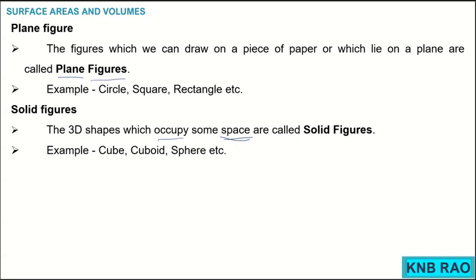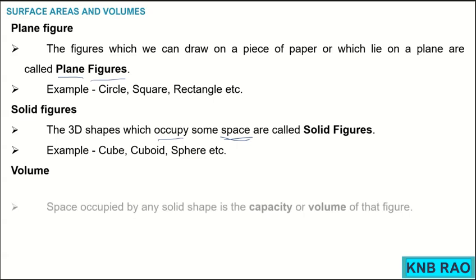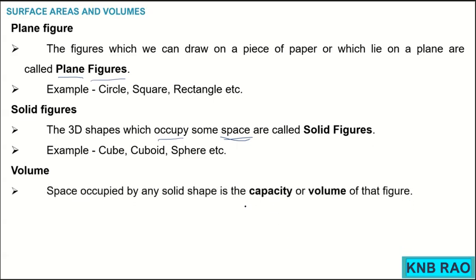Now, what is the meaning of volume? The space occupied by a solid shape gives us its capacity, which we call volume. So the space occupied by any solid shape is called its volume or capacity.